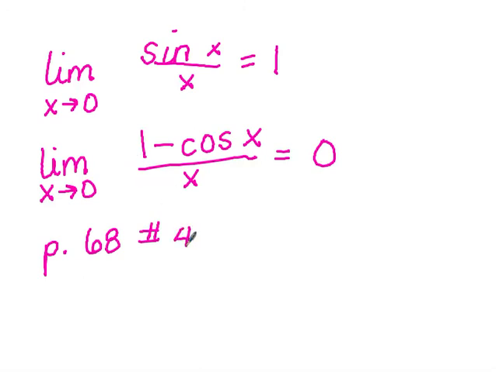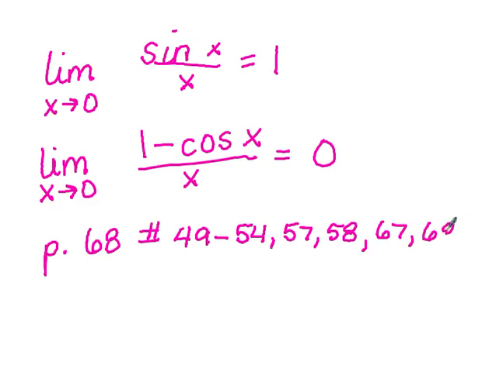I can't use pen. Well, then you shouldn't use pen. 49 through 54. And then I want you to do 57 and 58. And then I want you to do 67 and 68. Okay? So that's what I need you to add to your existing assignment. I would expect a quiz probably tomorrow as well.